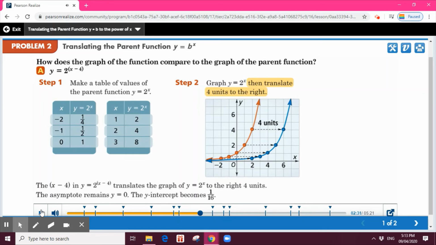The x minus 4 in y equals 2 to the power the quantity x minus 4 translates the graph of y equals 2 to the x power to the right 4 units. The asymptote remains y equals 0. The y-intercept becomes 1/16.